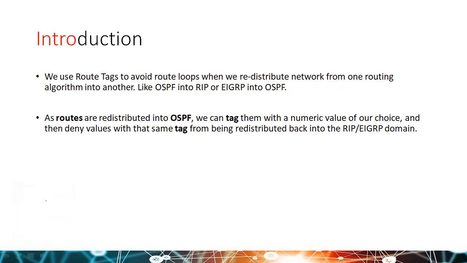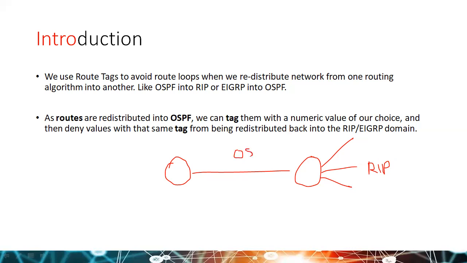These are used in a scenario when we have two routers connected, and one router is advertising a different routing protocol like RIP or EIGRP on one end and OSPF on the other end.